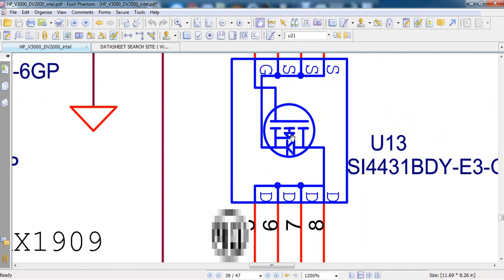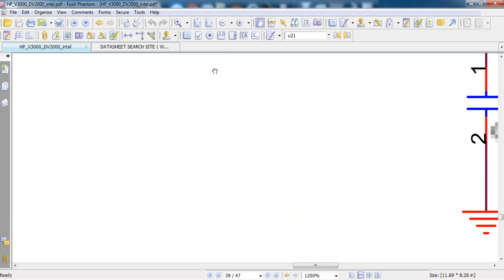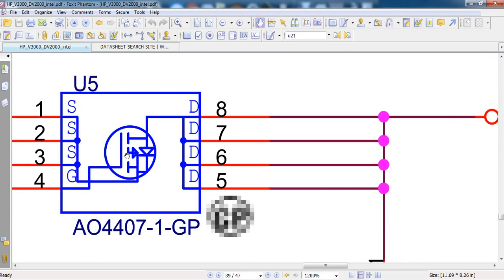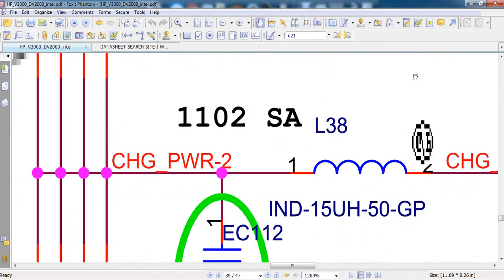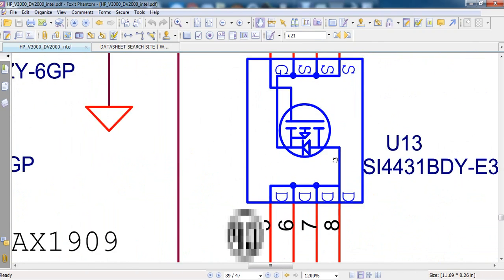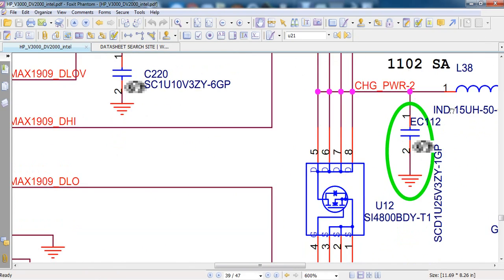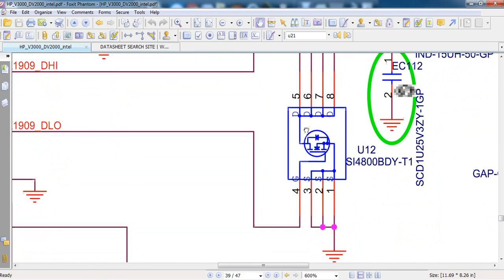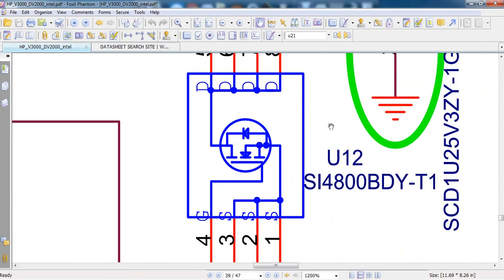In this symbol the arrow is inside, and in the other symbol the arrow is outside. And here the arrow is inside.